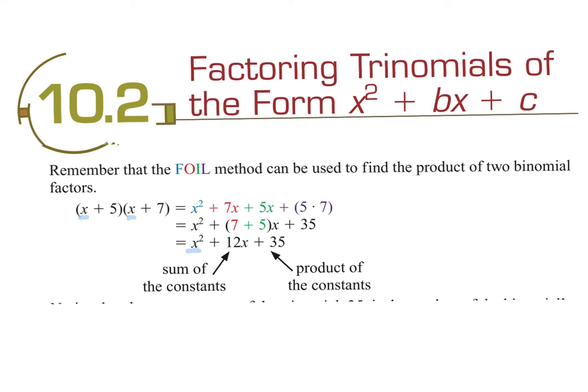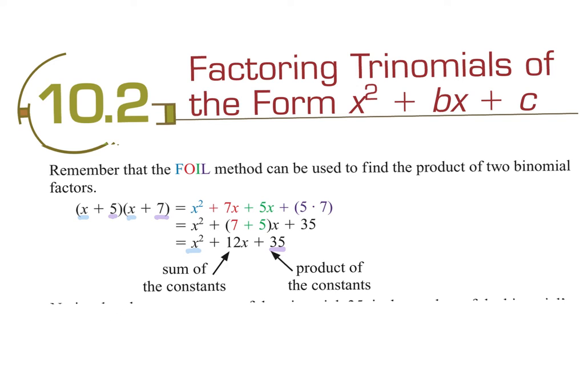All right? In the FOIL method, your last term, that 35, comes from your last terms. So that's easy, right? I mean, the x and the x gave you the x squared, the 5 and the 7 gave you the 35. What gets a little tricky is how do we get that middle term?